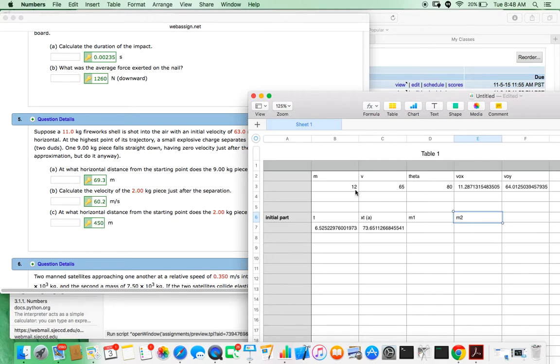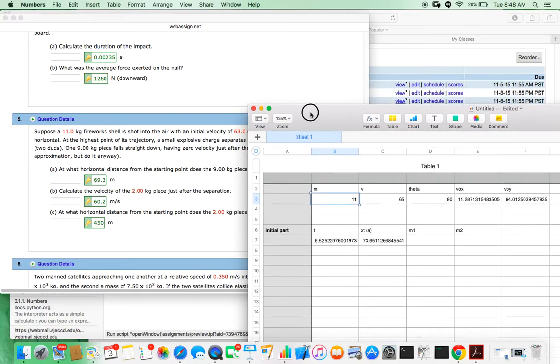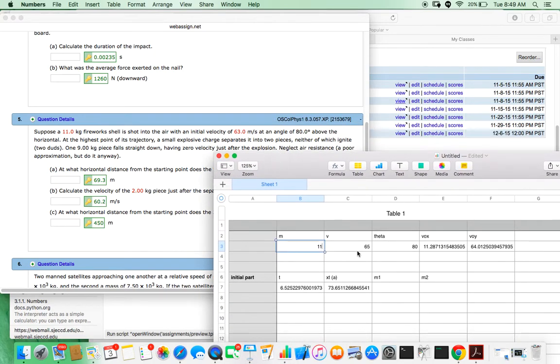Sorry about that. So now the mass is 11. The initial velocity is not 65, but 63. The angle is still 80 degrees. So here is the initial velocity, 69.2. That's the beauty of doing all these equations in Excel.